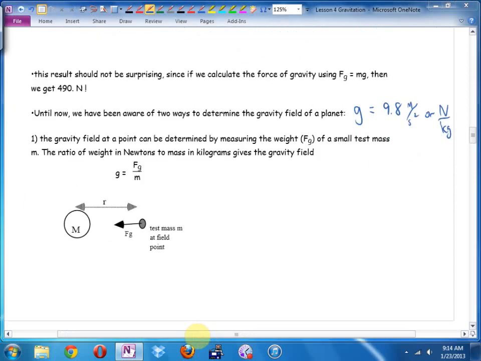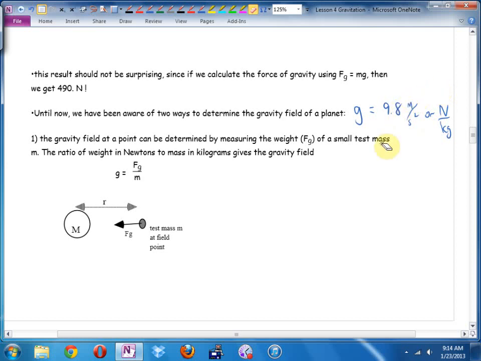There up until now have been two ways to calculate that 9.8. The first is to hang a mass from a scale. If you know the force in newtons on the scale, and you know the mass in kilograms, and you divide, you'll get 9.8. We haven't done that one. What we've done in Physics 11, we used the free fall method.